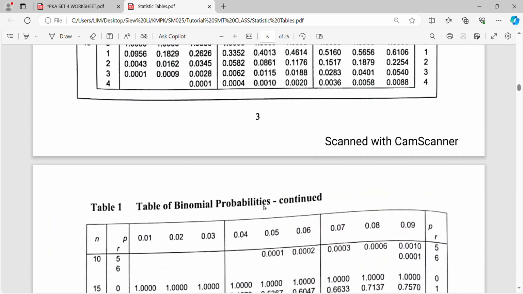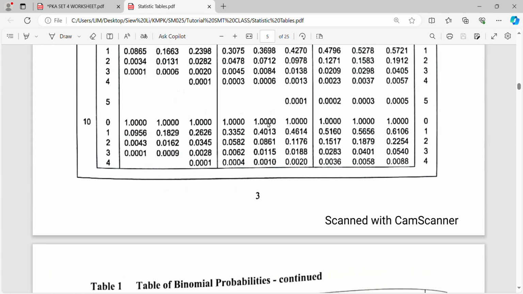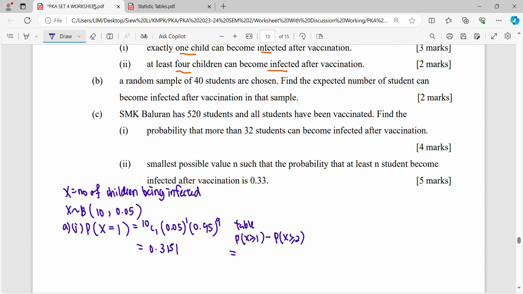So here read more than or equal to 1, 0.4013 minus 0.0861. So follow the table. Maybe the decimal will be a bit different when you're using a calculator and a table.